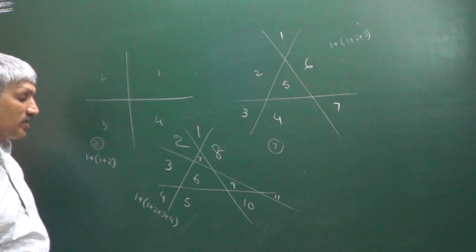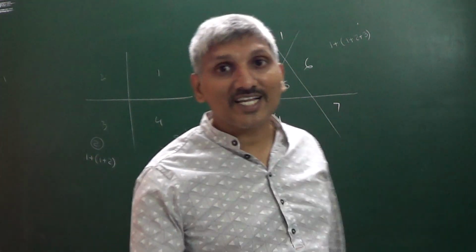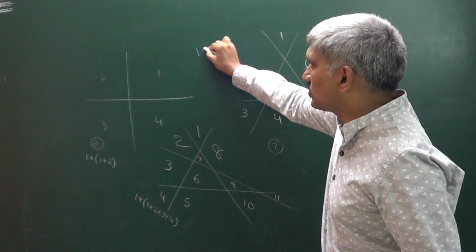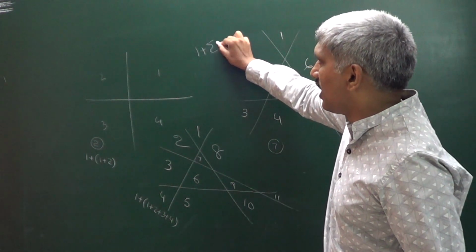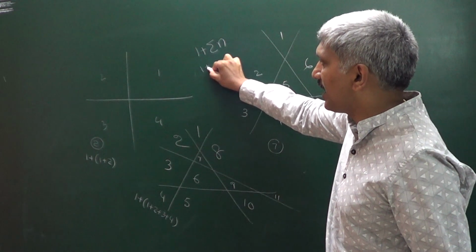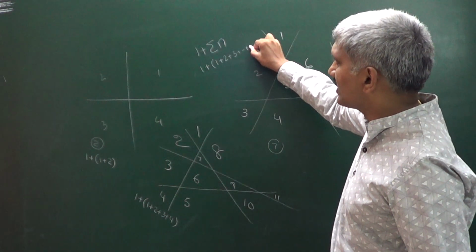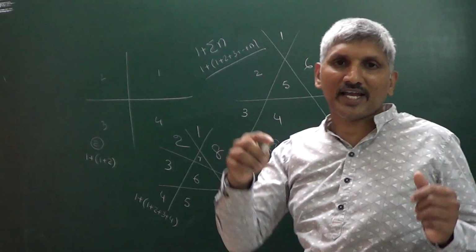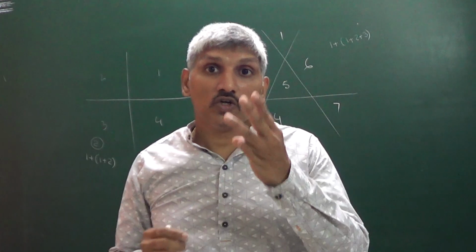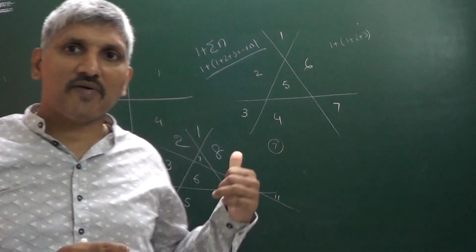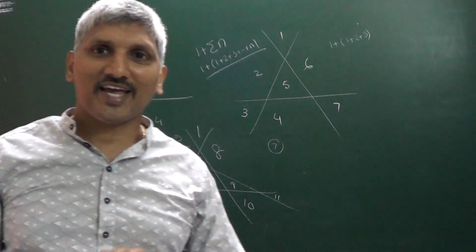Right? So in the same way, if there are n lines, the plane can be divided into how many parts? 1 plus sigma n. What is the meaning of sigma n? 1 plus 2 plus 3 and so on plus n. If there are n lines, out of those n lines no 3 lines are concurrent, the number of parts the plane can be divided into is 1 plus sigma n.